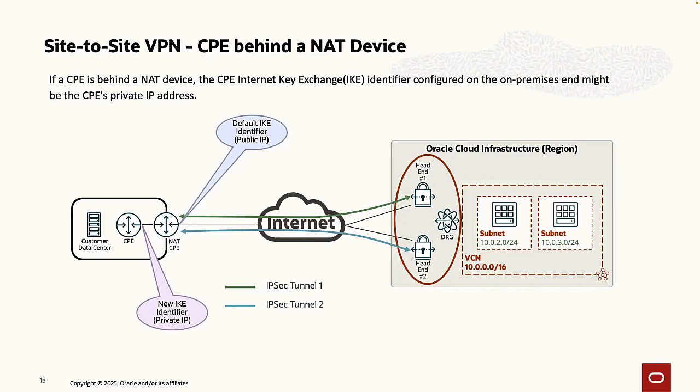By default, Oracle uses the CPE's public IP address, which you provide when you create the CPE object in the Oracle console. However, if a CPE is behind a NAT device, the CPE IKE identifier configured on the on-premises end might be the CPE's private IP address. So while defining, you can define the private IP address and then create the connection.